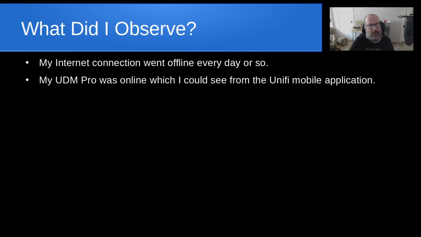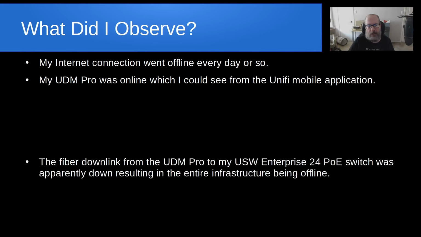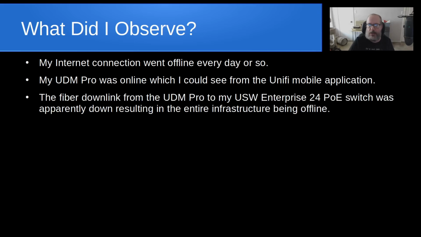The problem I noted was that my first core switch sitting beneath my UDM Pro was having a problem. The fiber downlink from the UDM Pro to my USW Enterprise 24 PoE switch was apparently down, resulting in the entire infrastructure being offline.